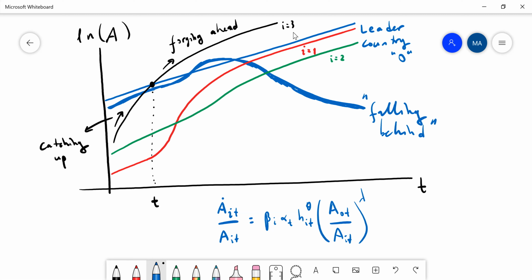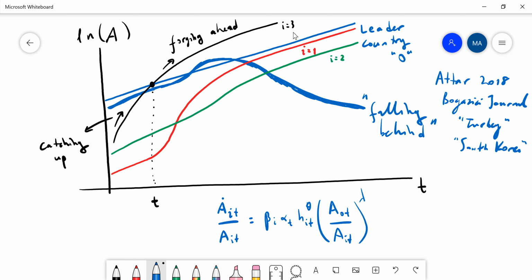If you want to learn more, you can read my paper published in 2018 in Boğaziçi Journal. This paper is about Turkey and South Korea. Okay. So you can also find many other papers in the literature.